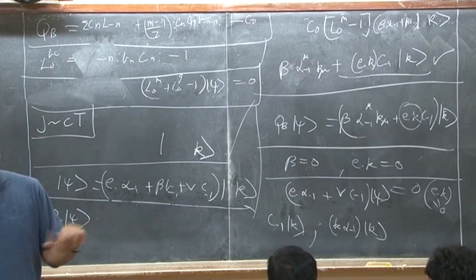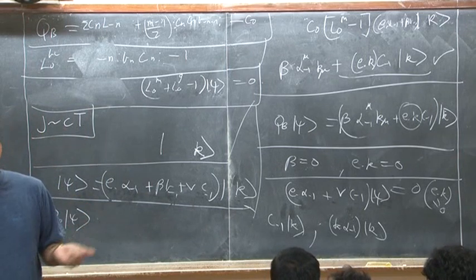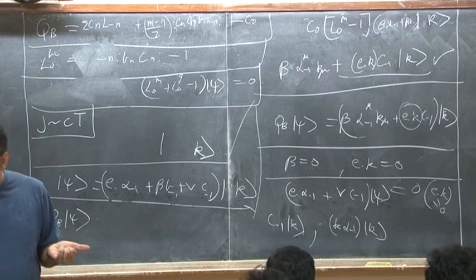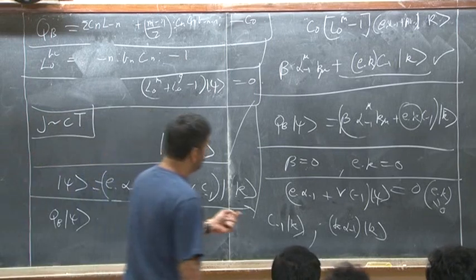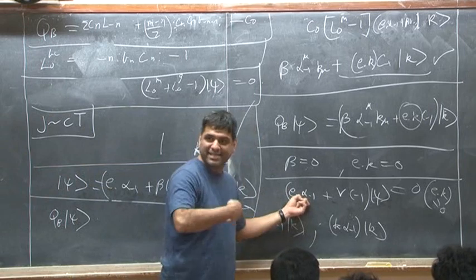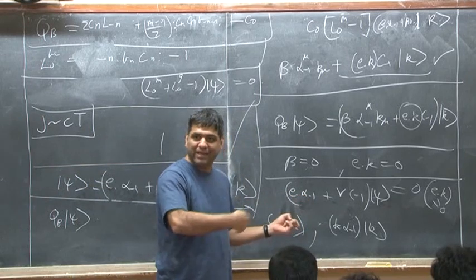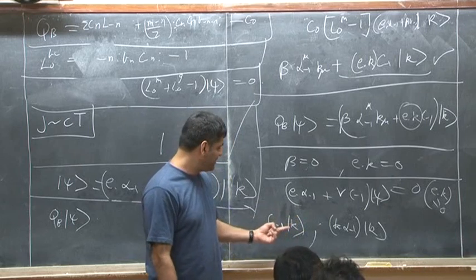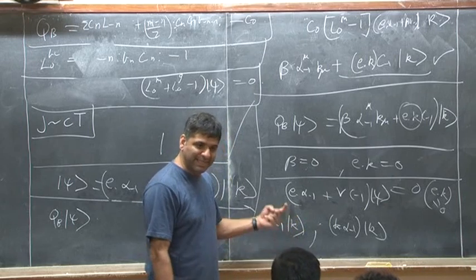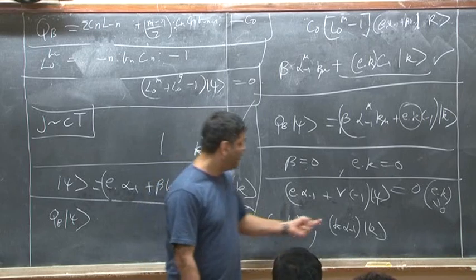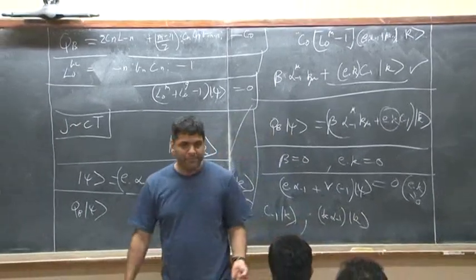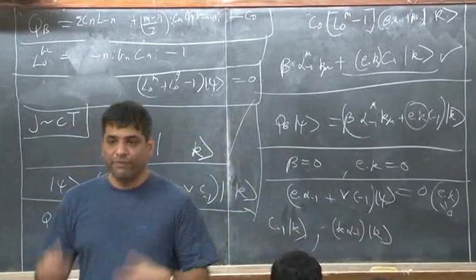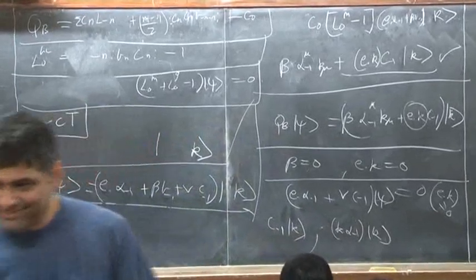Two states that differ by a BRST exact state should be treated as physically identical. So I want to know what generates this BRST triviality. Is this clear? What we've seen is that two states that differ either by c minus 1 on k or by k dot alpha minus 1 on k differ by a BRST exact state.